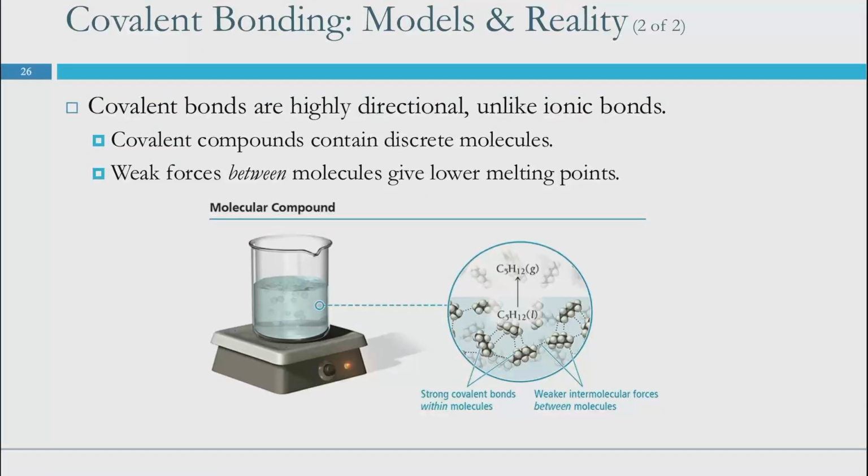Unlike ionic bonds, covalent bonds are highly directional. They're only between two atoms. Each bond is only between 2 atoms. Covalent compounds contain discrete molecules. Discrete here just means that they're their own whole contained thing. Like each of us is a discrete human being.